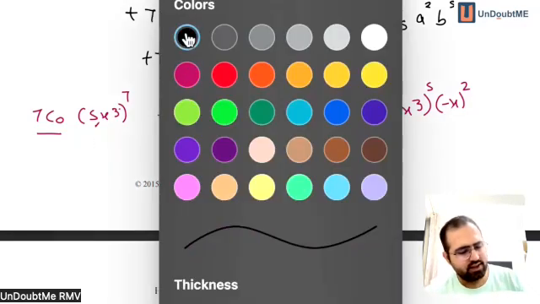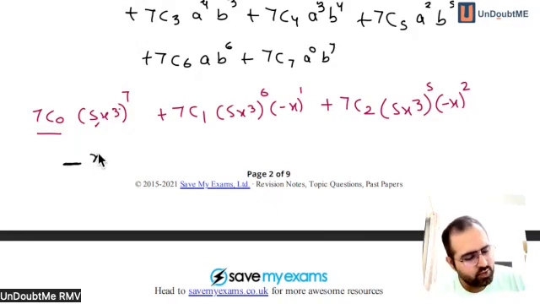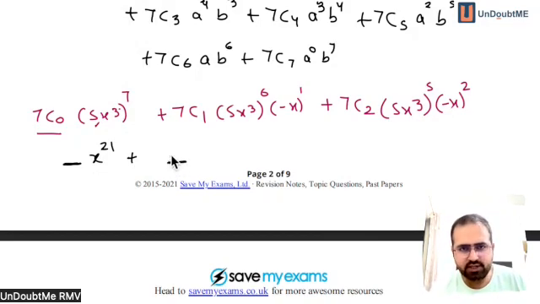Just in an illustrative manner, I'll show you. The first blank is the first coefficient, 5 to the power 7 and 7c0, then it will be x to the power 21, plus. The second blank means the second coefficient. You can use your calculator and get it. Otherwise, just see this: x to the power 3, 6 are 18, and 1, that will be x to the power 19.